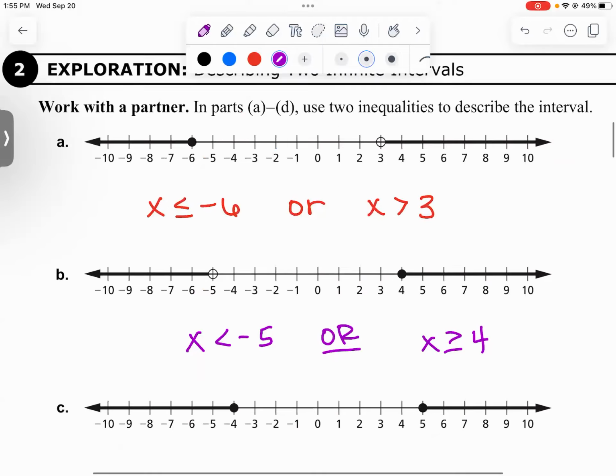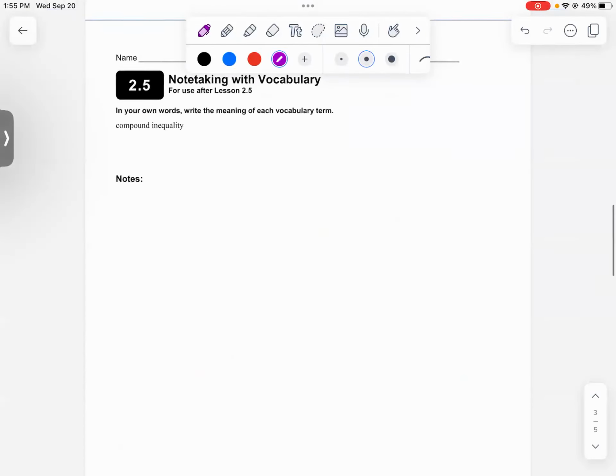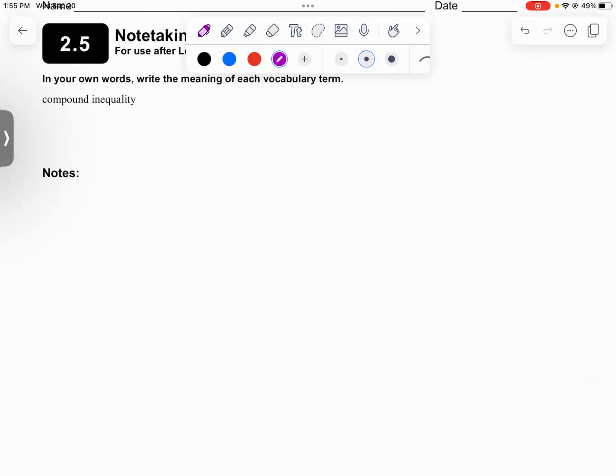Okay? So go ahead and turn to page 50. Okay? So today is all about compound inequalities. Okay?